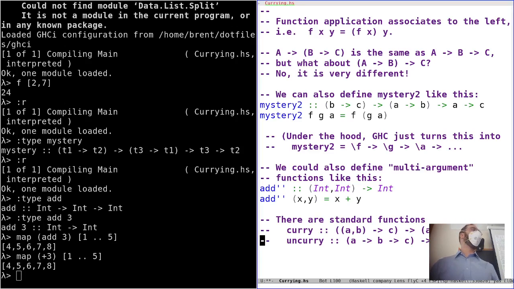They're just defined in a library. They're not built in. It's a nice exercise if you want to try to implement these. But basically, it's showing that we can represent a truly multi-argument function like this as a function that returns a function like this, or vice versa.